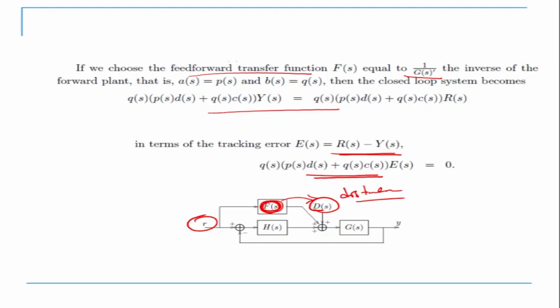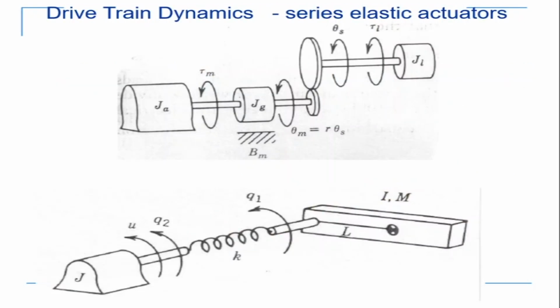I hope you understand this point: if you can estimate the disturbance, you can cancel it. What this FS term, the feed-forward term, is doing is computing the dynamics and taking care of this DS disturbance that is coming from there. Because of which, even for a PD controller, the steady state error is equal to 0. So this is another way of controlling a robot manipulator.